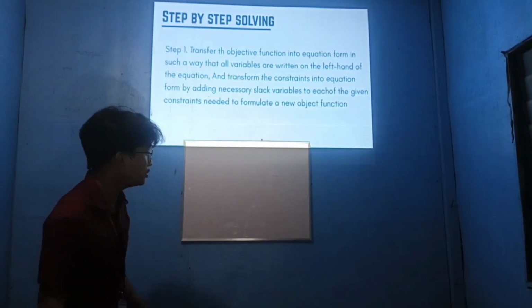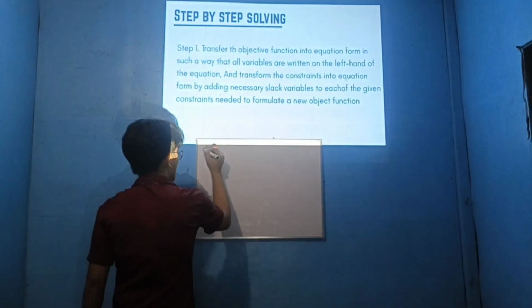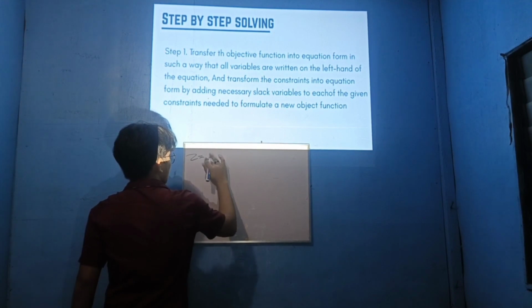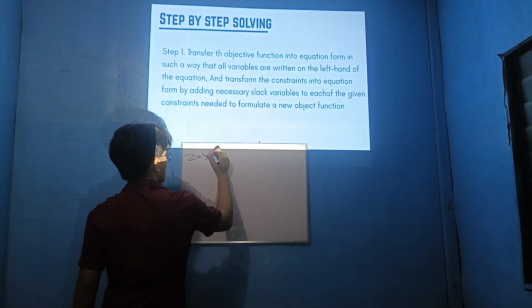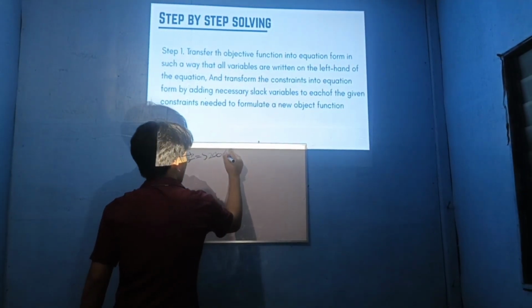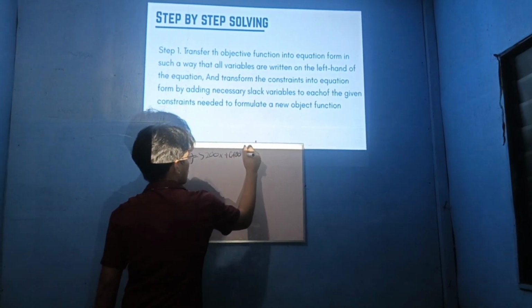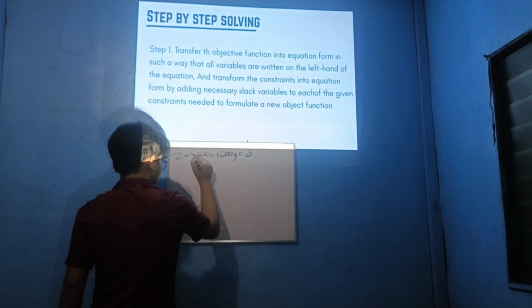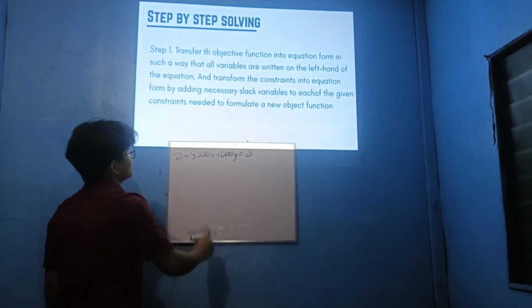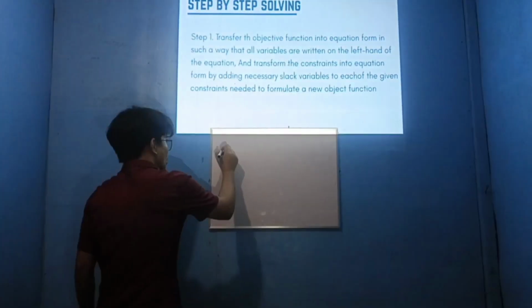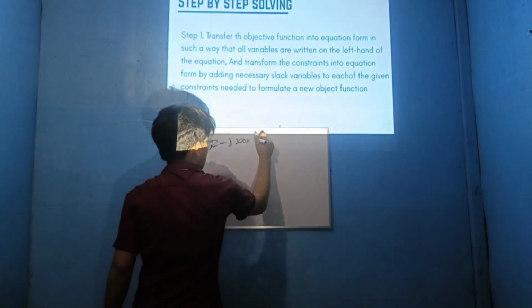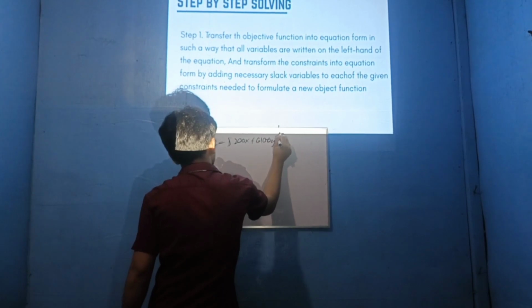Again, in step 1, we need to transfer our Z. Z is equals to 5,200x plus 6,100y is equals to 0.